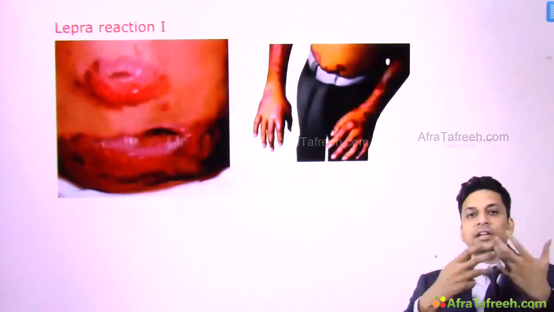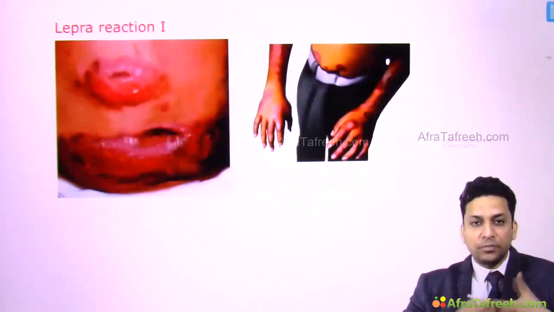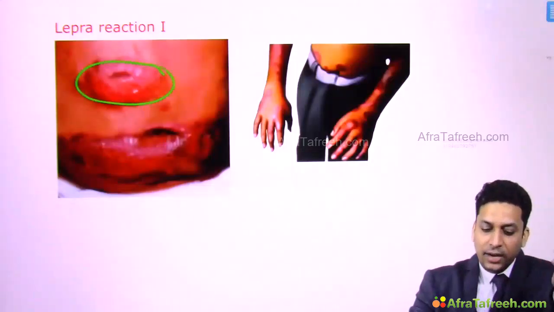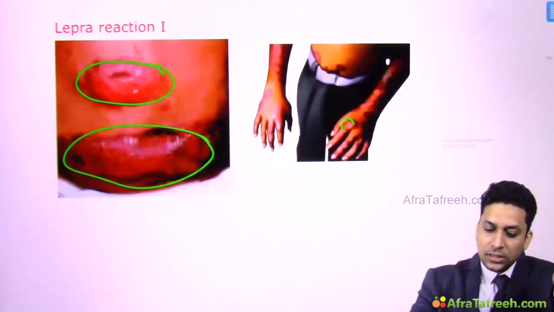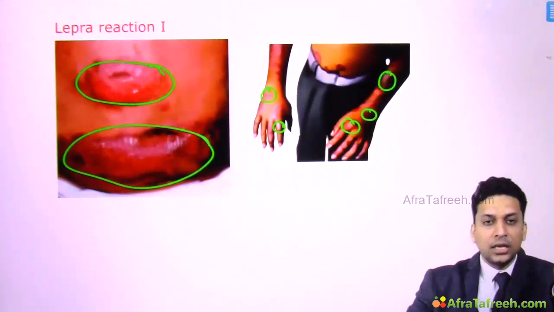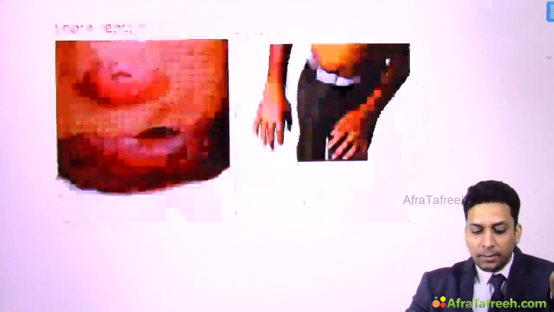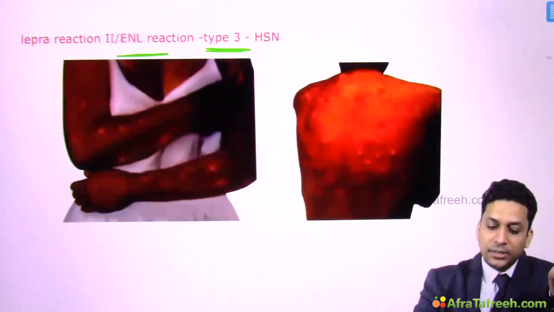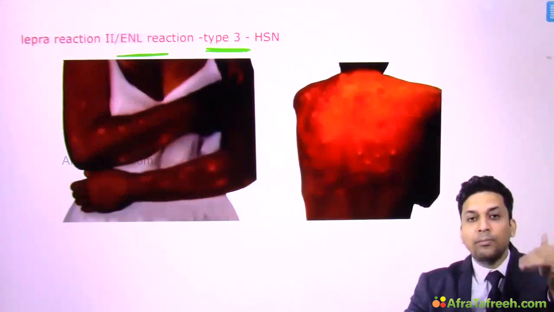Then I told you about lepra reaction, that is the acute exacerbation of pre-existing disease. So pre-existing lesions become edematous, inflamed and painful. So you can see these swollen hands and these swollen lesions which are of leprosy. Generally this occurs when we start treatment. Then type 2 lepra reaction, I told you this is ENL reaction, this is type 3 hypersensitivity. And what is type 3? Immune complex mediated.